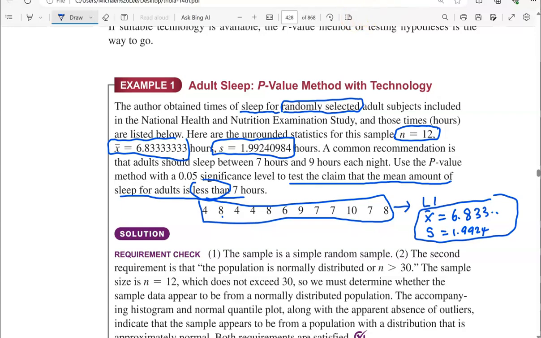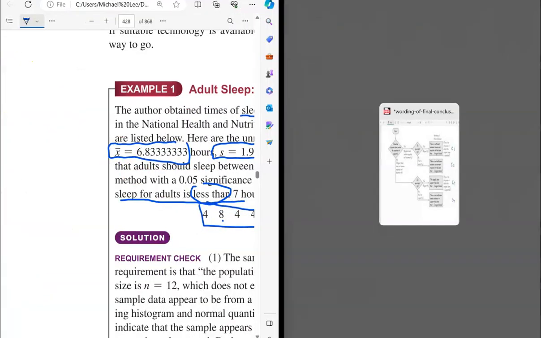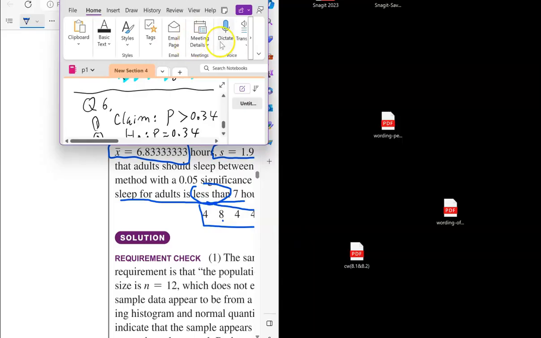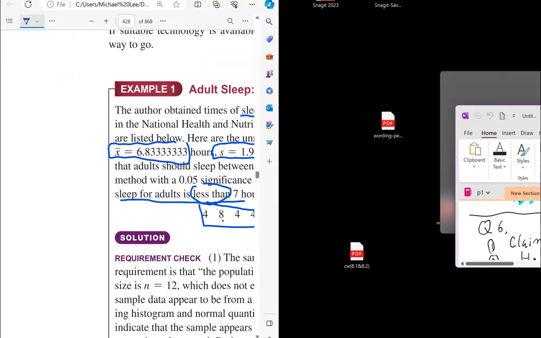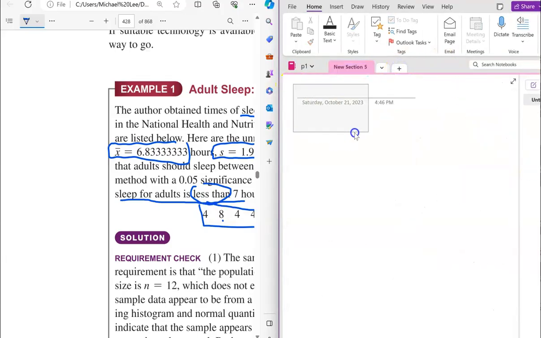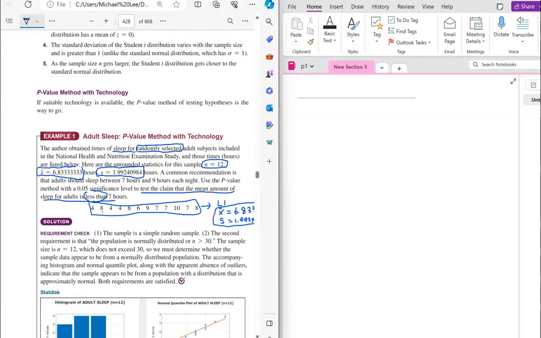We're going to test that claim. So let's do that like last time we did.